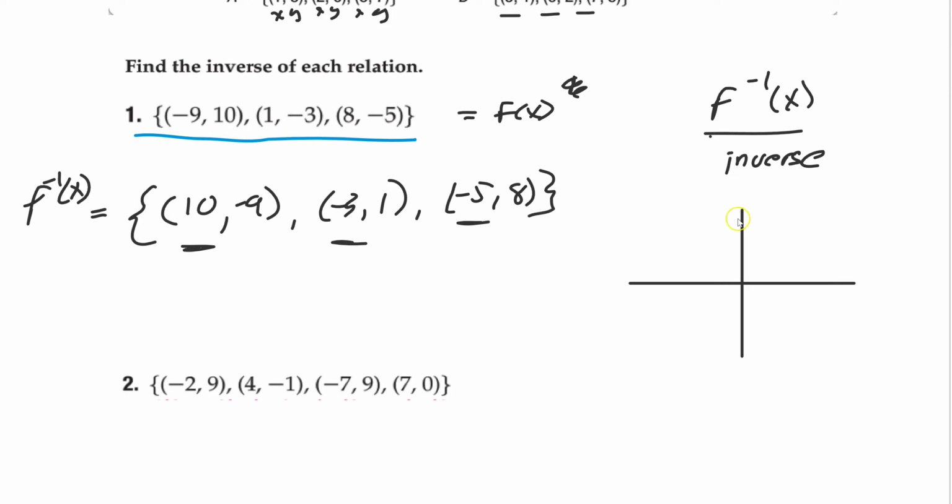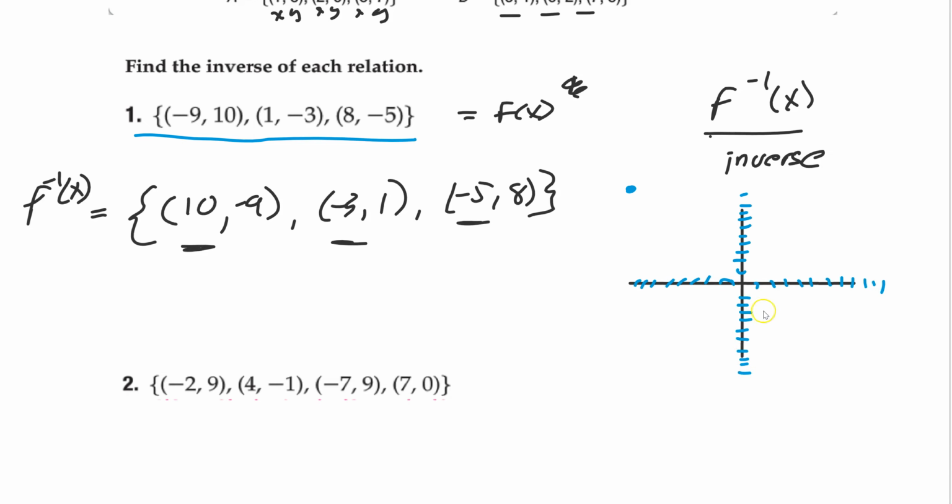So negative 9, 10. So 1, 2, 3, 4, 5, 6, 7, 8, 9. 1, 2, 3, 4, 5, 6, 7, 8, 9, 10. So I'm not going to be perfect, but I'm going to try my best. It's like around there, right? And then 1, 3. Okay, so 1 and negative 3.